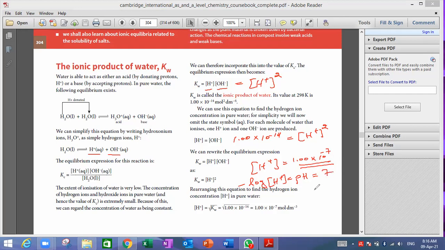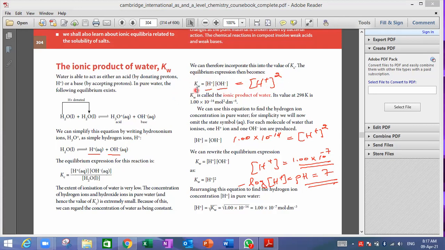That's why when we say the pH of water equals 7, that's because of these calculations. So the pH of water is equal to 7 because when we take Kw equal the concentration of H positive times OH minus, and we exchange the concentration of the OH minus by H positive as both are equal, then we get Kw equal H positive squared.